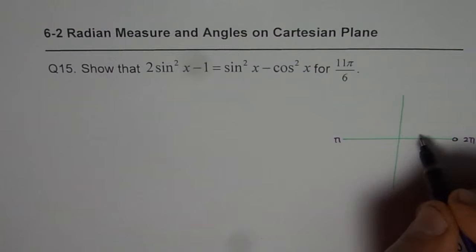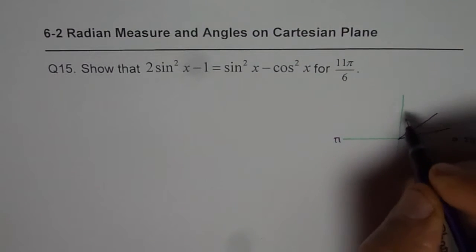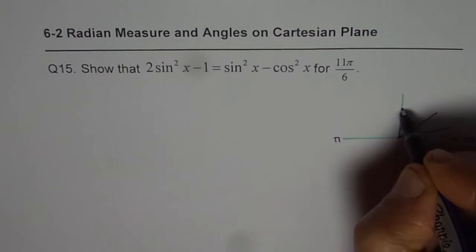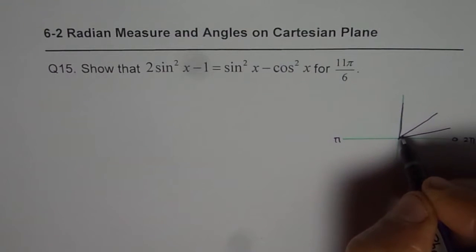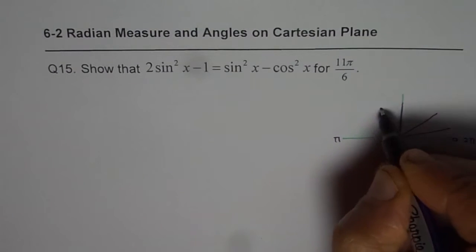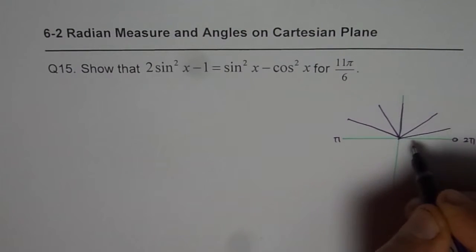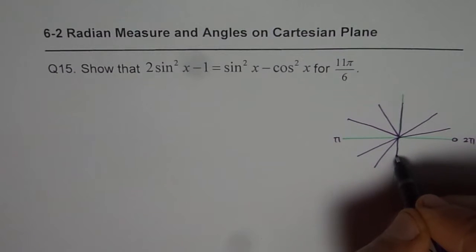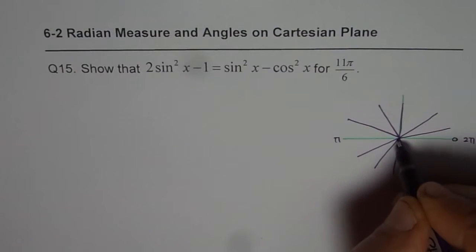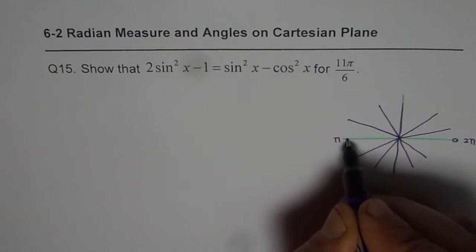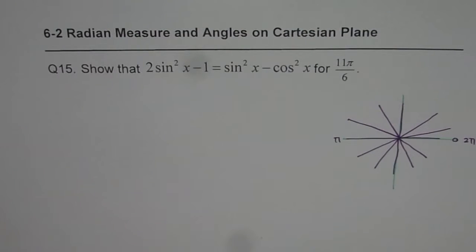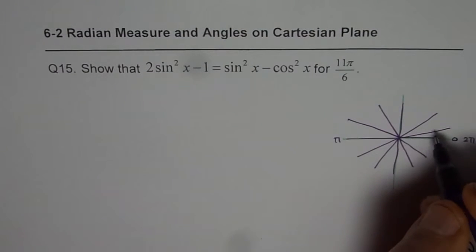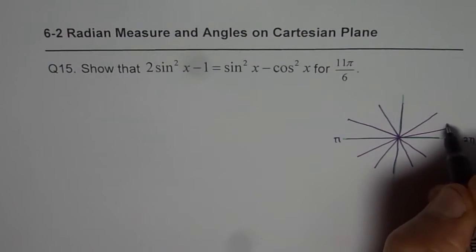So it is kind of like this. Let's divide it. So let's say this is 3 equal parts for one quadrant, right? Let me just approximately divide them. Fine. So what we have here is that each is pi by 6. So that is 1 pi by 6.